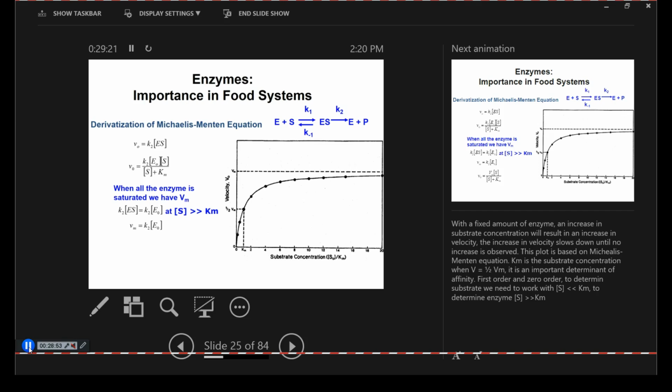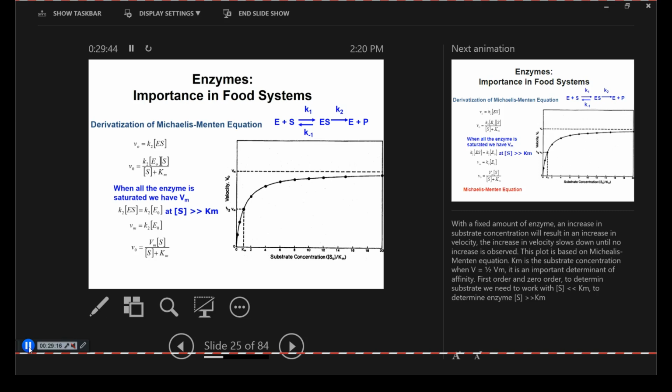Then, at this point, I have Vmax equal K2 into the whole concentration of the enzyme. So, and V0 then equals Vmax.